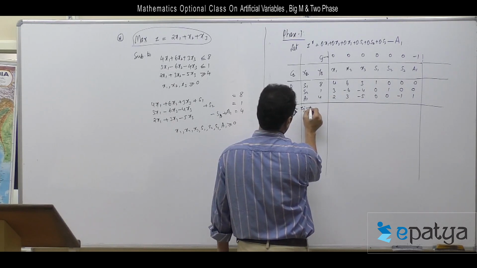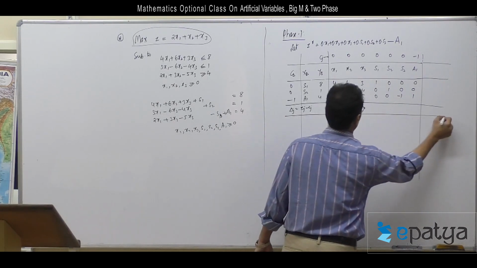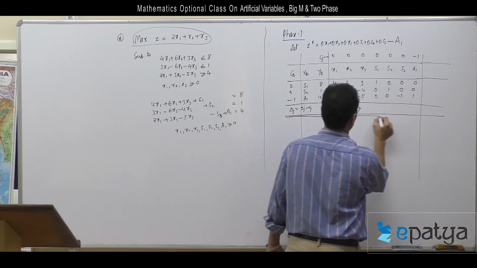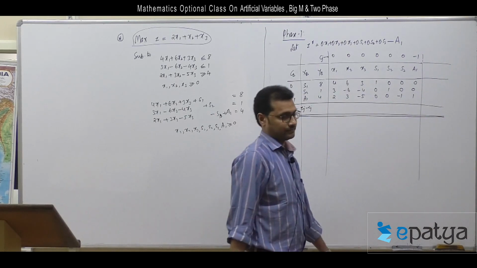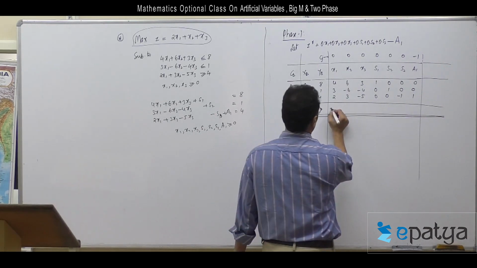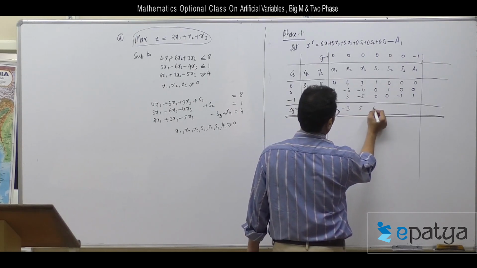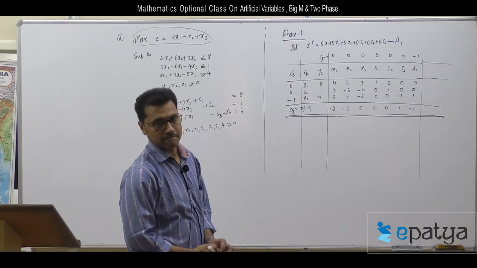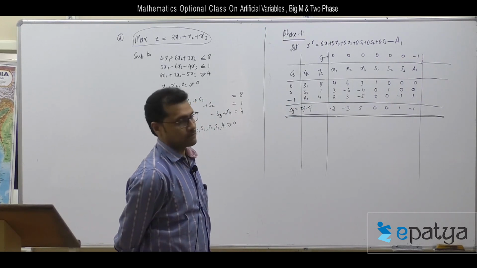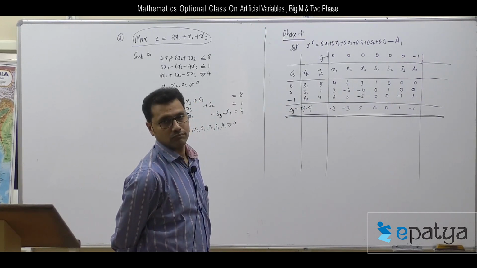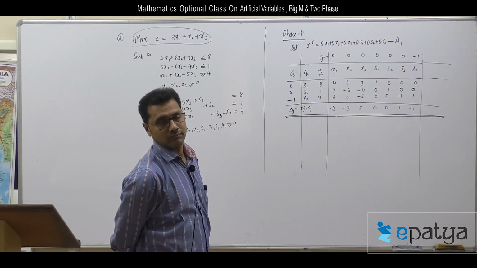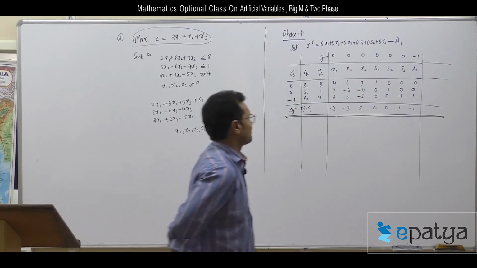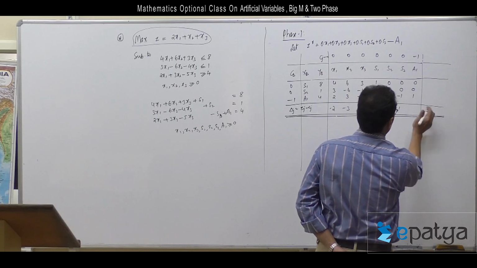Delta j equal to zj minus cj. So minus 2, minus 3, 5, 0, 0, 1, minus 1, and zero.